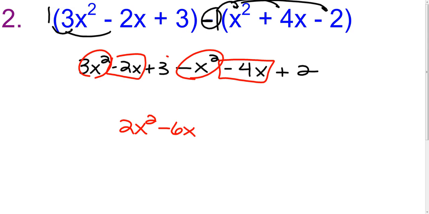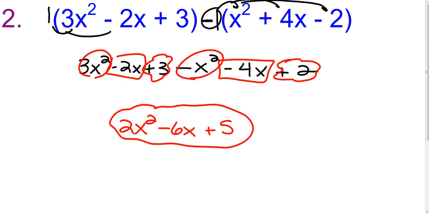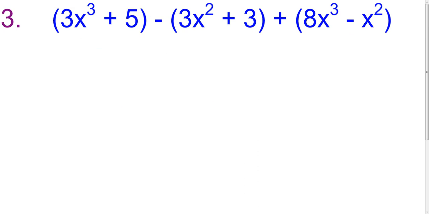And then a 3 and a 2 gives me 5. Okay, notice I did list those in order from biggest to smallest exponent, which is sort of the mathematically polite thing to do. All right, and next we've got just kind of a combination here.